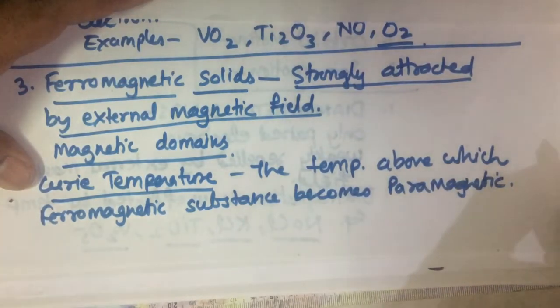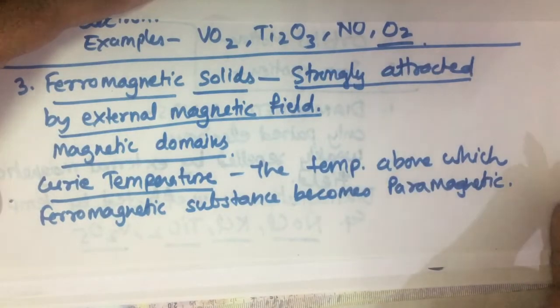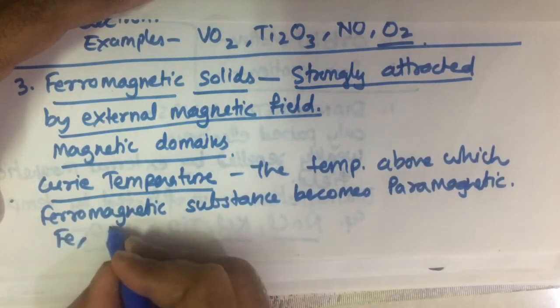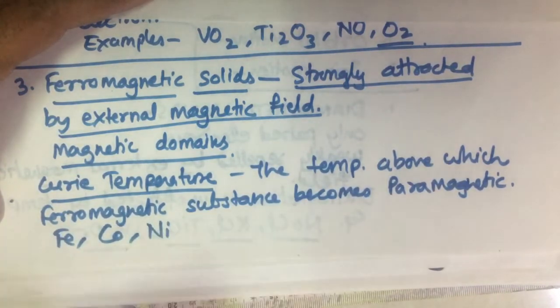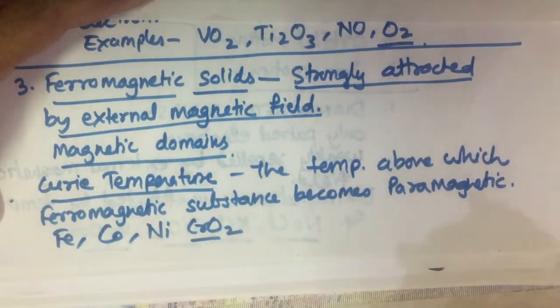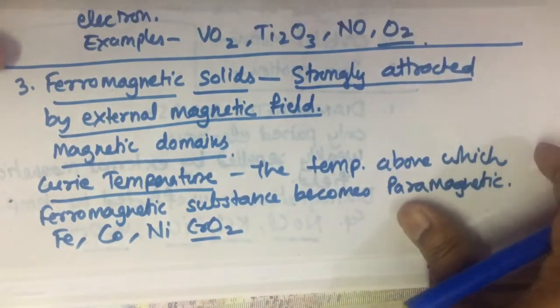When a ferromagnetic substance is heated above the Curie temperature, the alignment of the domains becomes randomized and they become paramagnetic. Examples: iron is a ferromagnetic substance, cobalt, nickel, and CrO2, chromium oxide, is also a ferromagnetic substance.